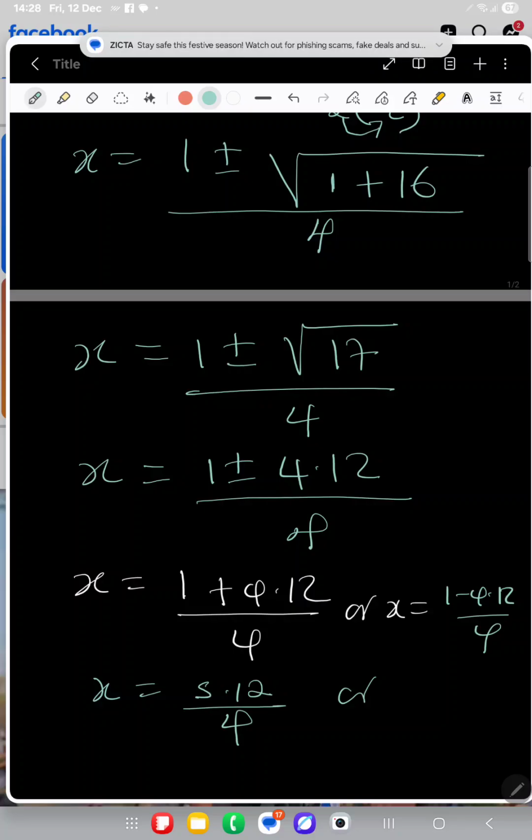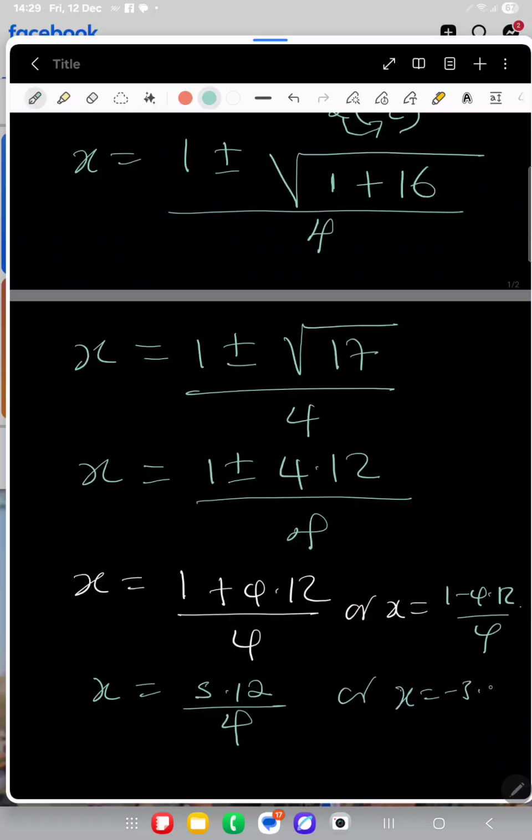Don't forget, paper 2 uses calculators, so you can use your calculator to find the answer. So you have 1 minus 4.12, you are going to get a negative 3.12. So our x is equal to negative 3.12 over 4.